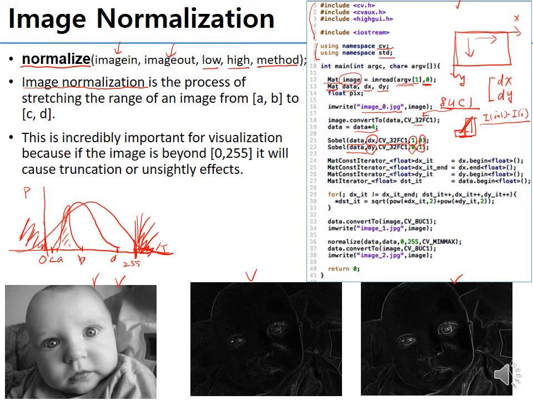Const means we will not change the contents of the original image, and this is the type float. dxit equals dx.begin, so it returns the beginning position of the image, and dxend is assigned to dx.end, and here is another dyit equal to dy.begin, and the destination iterator is data.begin.